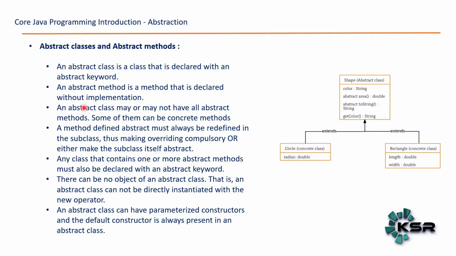The method defined abstract must always be redefined in the subclass. So if you are defining an abstract method in your parent class, in the subclass you have to define it. There is a separate concept called overriding.